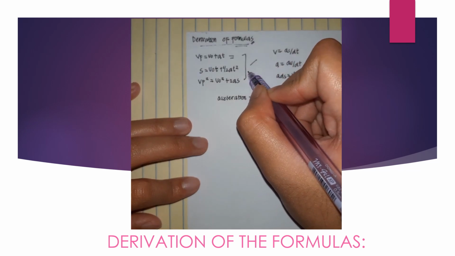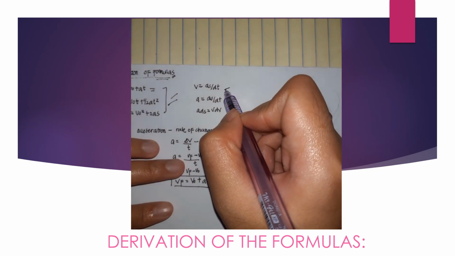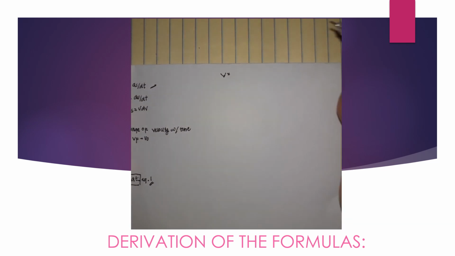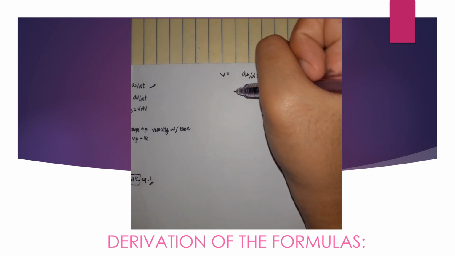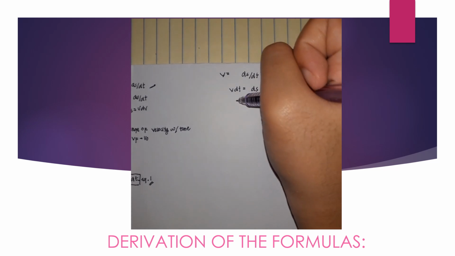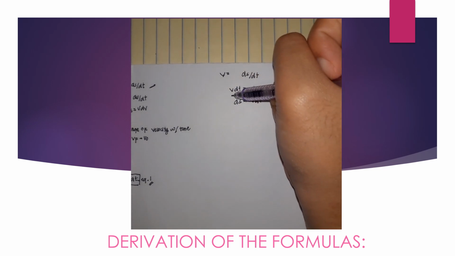Now we'll derive the next formula using the variable acceleration formula v = ds/dt. Cross multiplying, we have v dt = ds, and we'll integrate this.